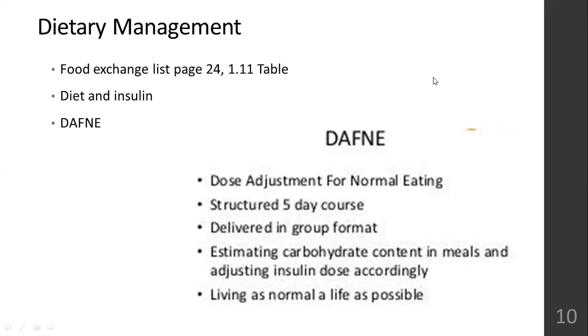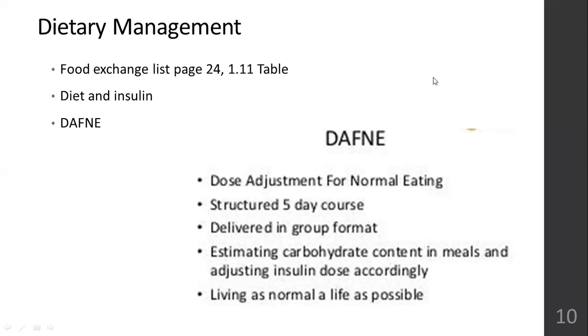So patients can undertake this course. Whoever is a diabetologist will guide the patient what kind of meal they should have and how much insulin dose they have to adjust if they're taking insulin on their own.